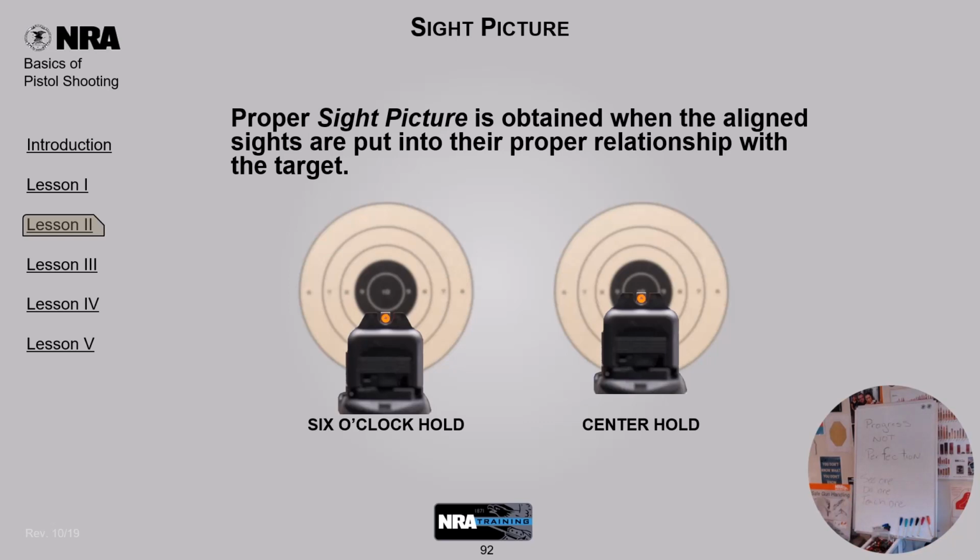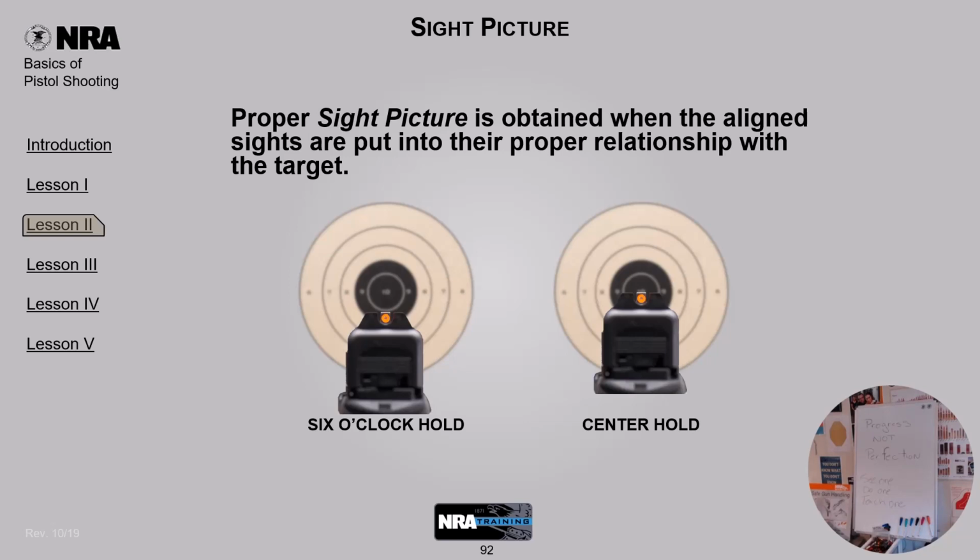Now, sight picture, the 6 o'clock hold means you are underlining the thing that you are looking to shoot. Center hold means that your front sight is covering the thing that you are looking to shoot. Most of us are not doing the kind of precision shooting where it matters whether we have a gun in our hand that is a 6 o'clock hold or a center hold. Bullseye people who are super precise will absolutely know whether their gun is a 6 o'clock hold or a center hold.